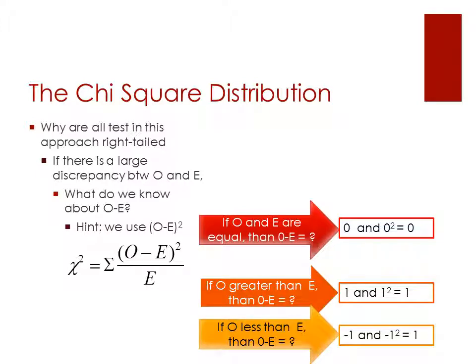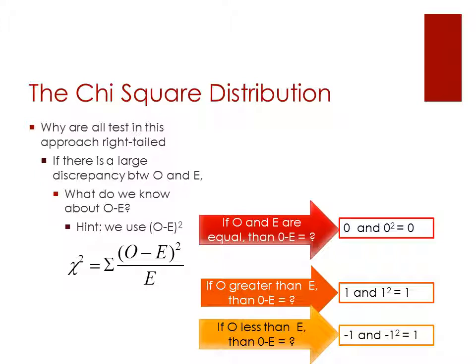If O is greater than E, then O minus E is going to equal 1 or a higher value, right? And 1 squared equals 1, so it's going to be a positive value. If the observed is less than E, then O minus E is going to equal a negative value, for example negative 1. And when we square that, we still get the positive value of 1.